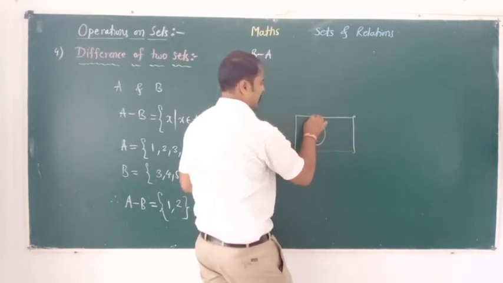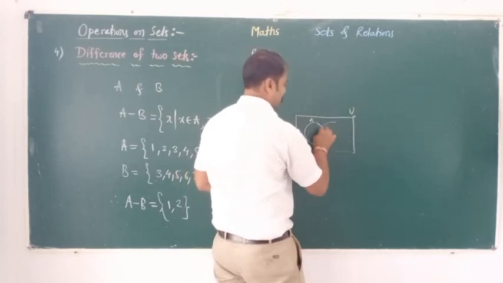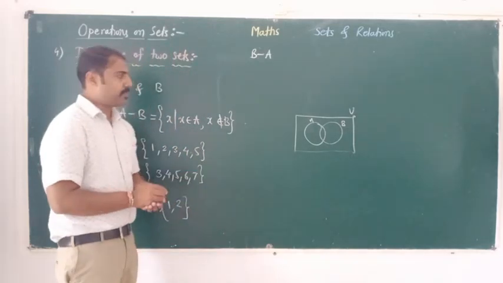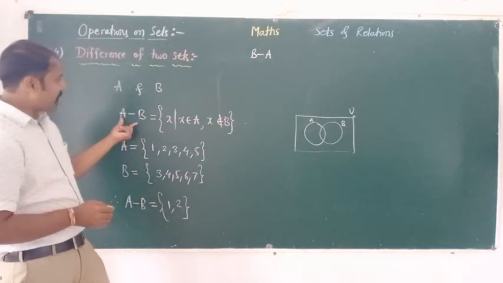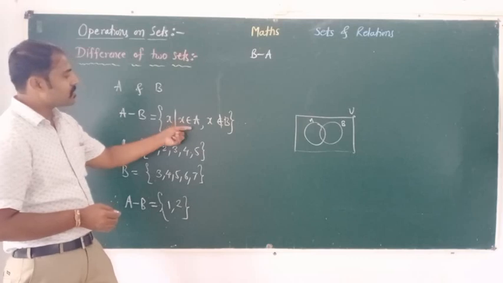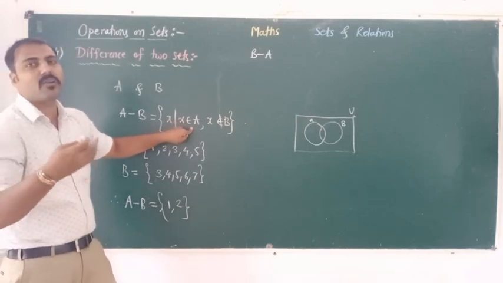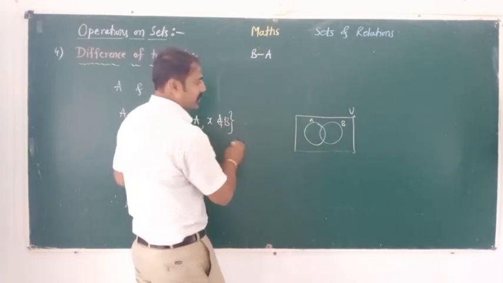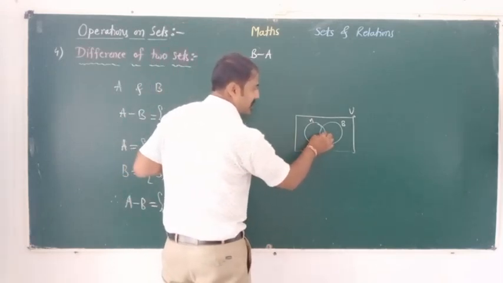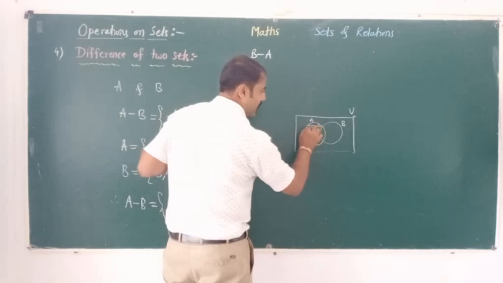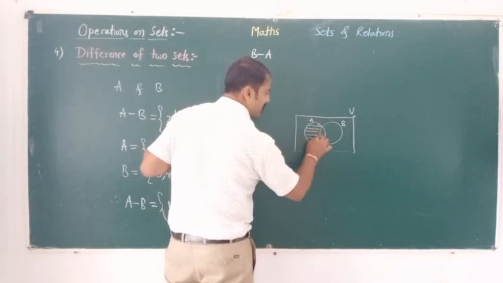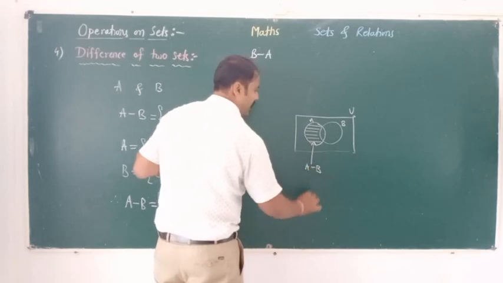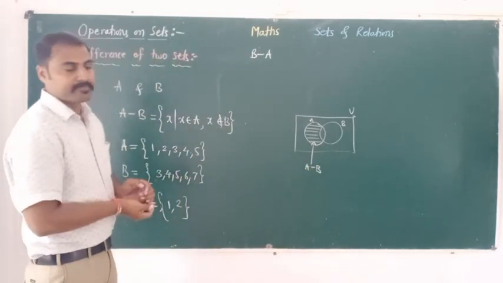Suppose this is our set A, this is our universal set, and this is our set B. Now A minus B is the set of all elements X such that X belongs to A but these elements are not in B, so A minus B is nothing but this shaded portion.